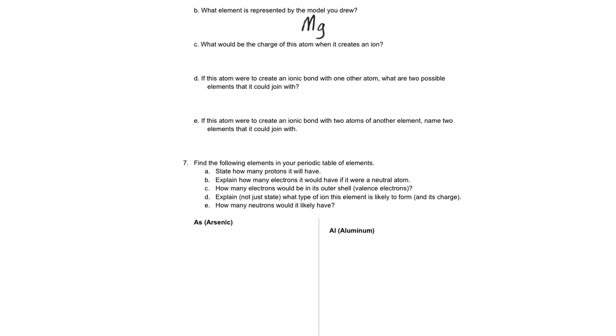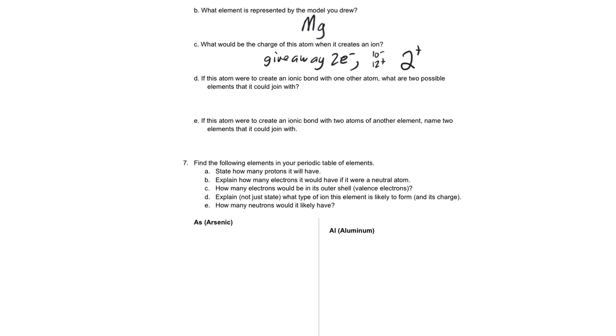So the magnesium will give away 2 electrons, which means what will its charge be if it gives away 2 negatives? Well, remember before it had 12 negatives and 12 positives? If it gives away 2 negatives, then it will only have 10 negatives and 12 positives, which means that the charge will be positive 2, just like what we've been talking about.